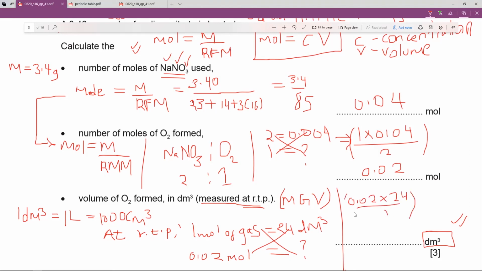If you multiply 0.02 by 24, let me just do it in my calculator, you end up with 0.48. So 0.48 liters is our volume of oxygen. Okay, so in the next video, I'm going to go a bit deeper in terms of molar gas volumes.